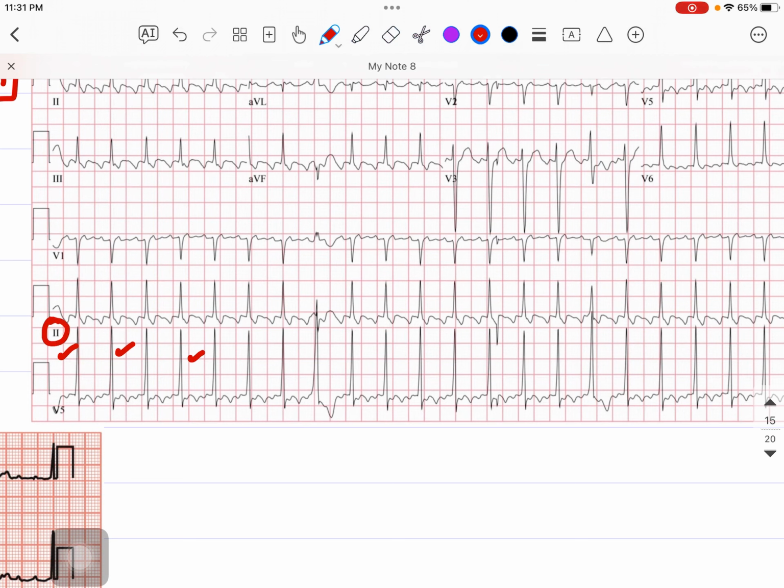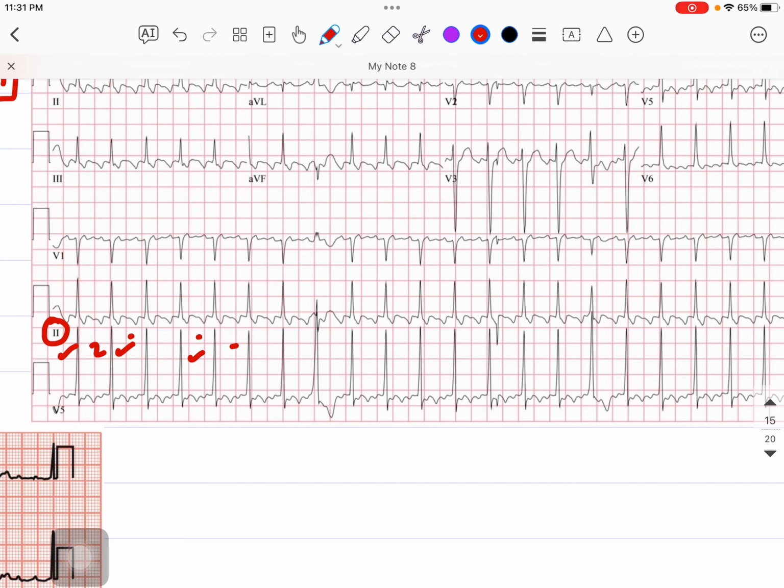I am looking at the second lead, that is the rhythm lead. If I look at the RR interval, for example, over here there are two bigger boxes, but over here there are more than two bigger boxes. Here also slightly more than two bigger boxes.